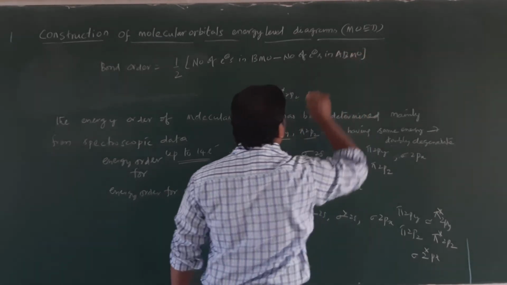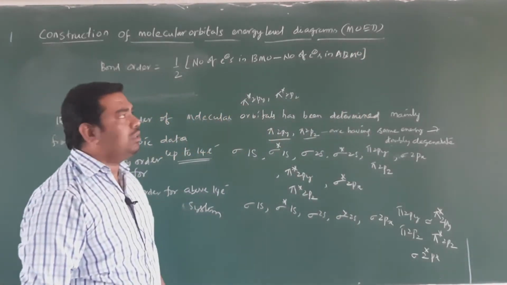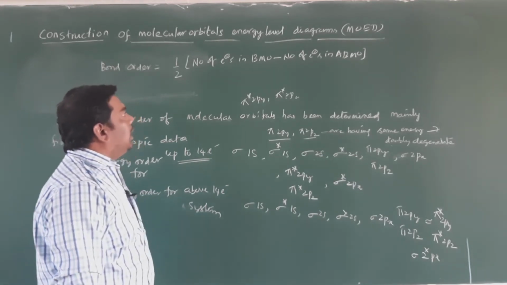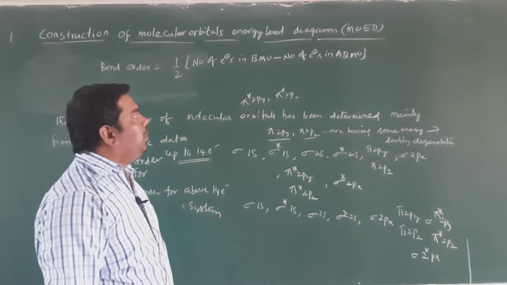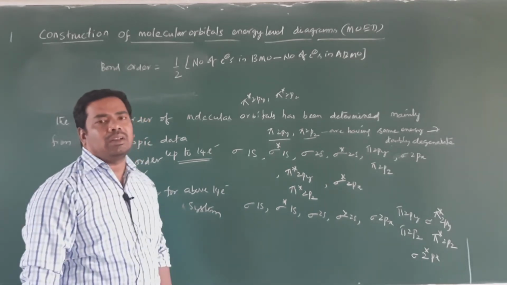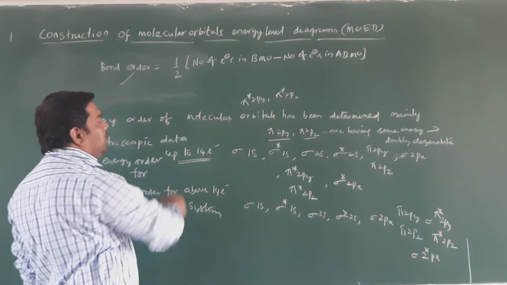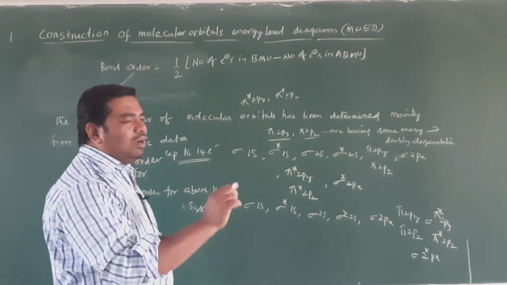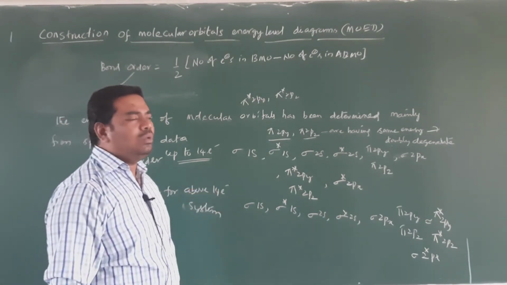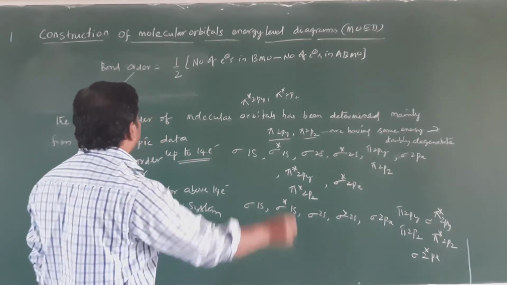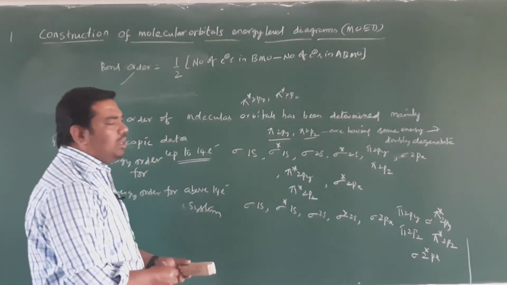So this is the formula for the calculation of bond order, and it gives information about the bond between homodiatomic or heterodiatomic molecules.